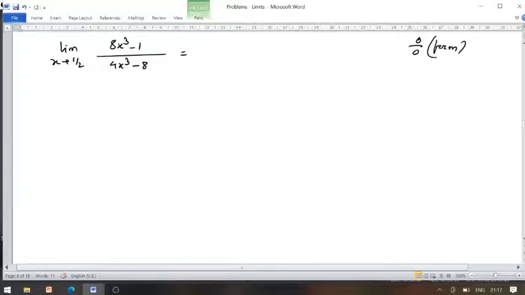So it is a limit based on the method of factorization.